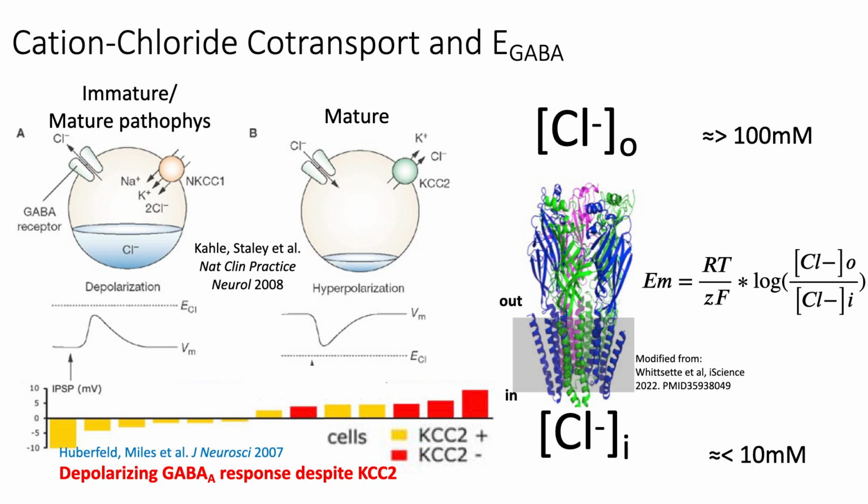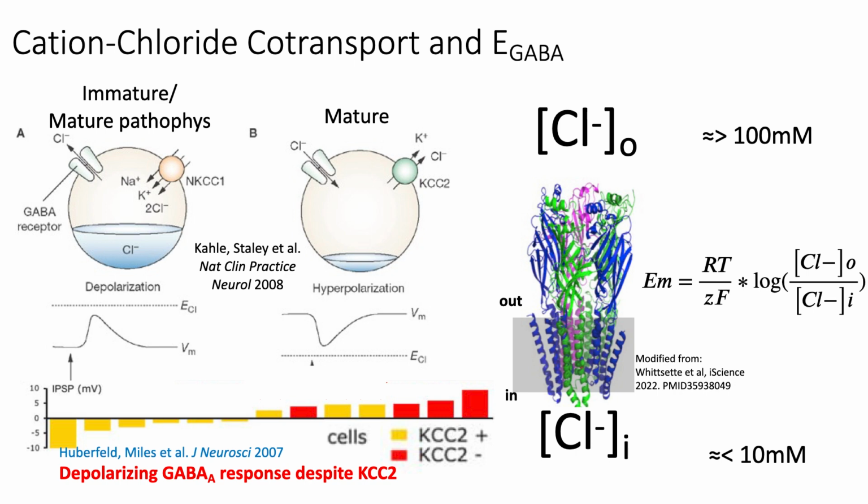The idea here was that as cells mature, they go from a neonatal state where KCC2 is not expressed, and therefore you have a high chloride as a result, to a more mature state where KCC2 is expressed, and now you have chloride extrusion, and this is how you get a mature neuron. That causes an actual change in the eGABA, such that you go from an immature depolarizing, activating GABA response to the more canonical hyperpolarization.